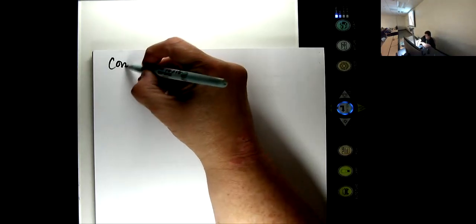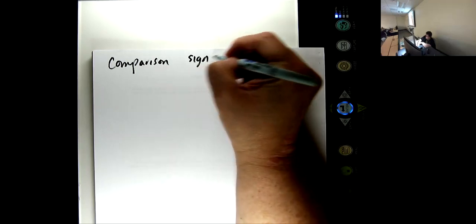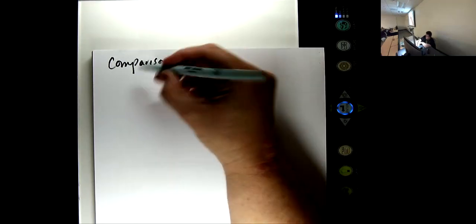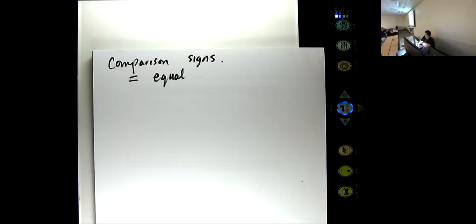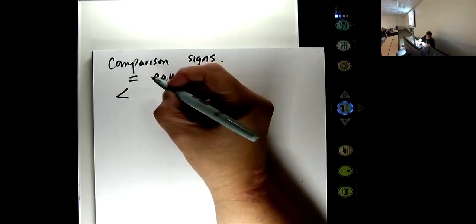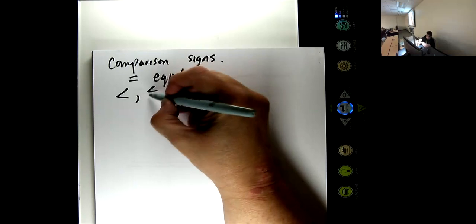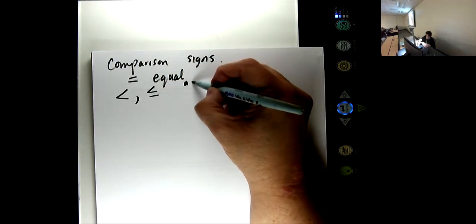Let's look at comparison signs. You all are very comfortable with the equal one. But we have less than and less than or equal to. So the first one here is less than.